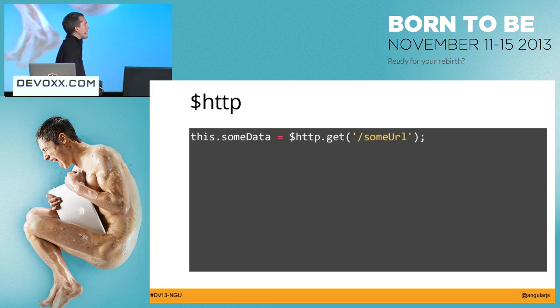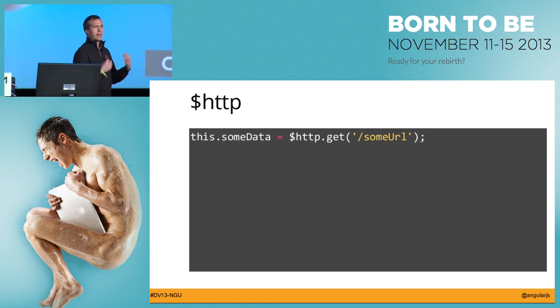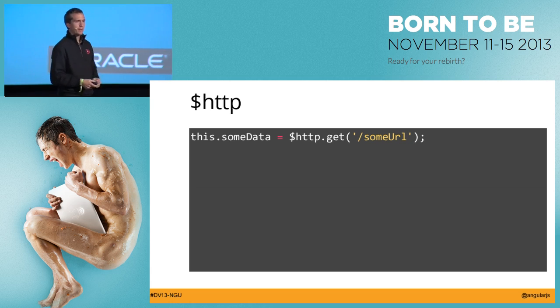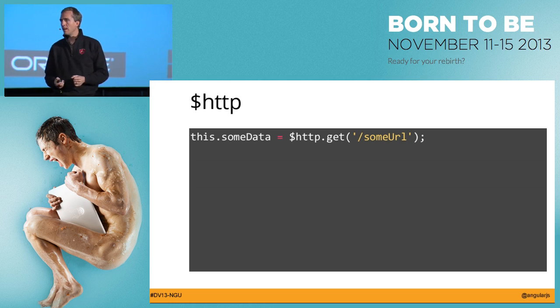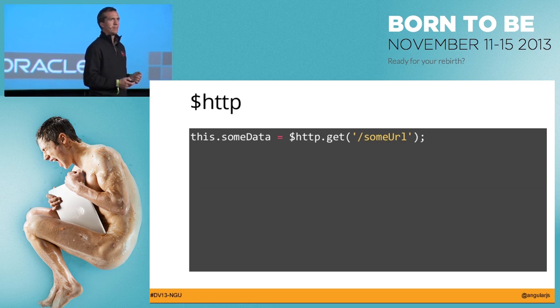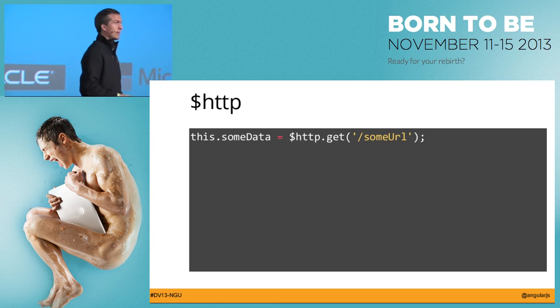So a little bit on $http. To use it, it's pretty simple. I can just call it by saying $http, like get, post, any of the other methods that way, and assign it to a variable. Has anyone noticed something strange about this line of code? It looks like it's synchronous, right? And of course it can't be, but it's actually not.